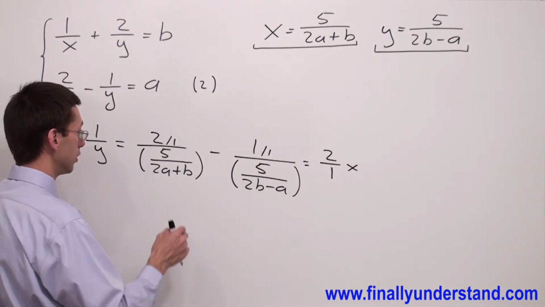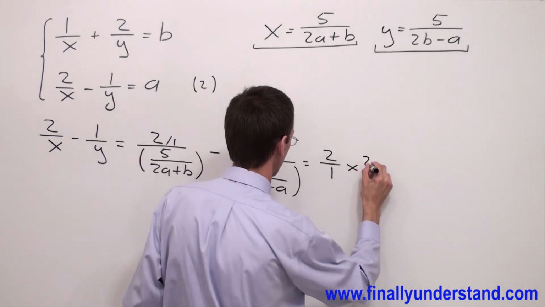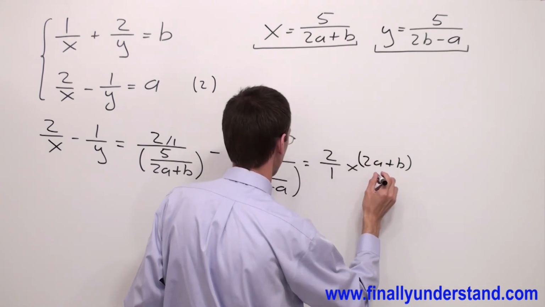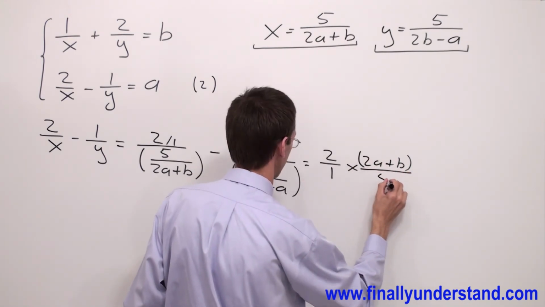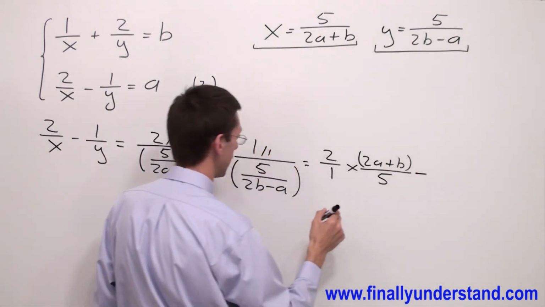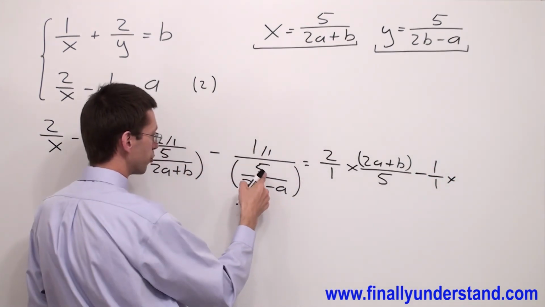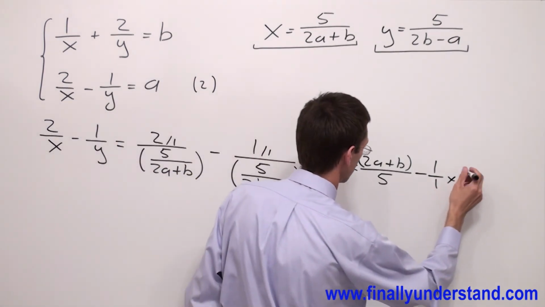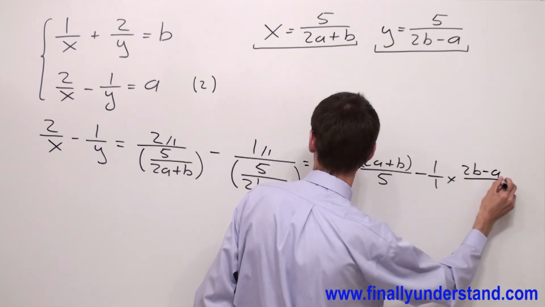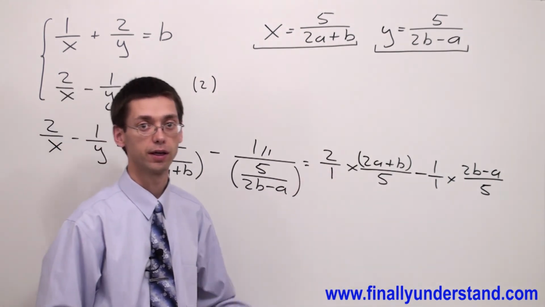And we have to multiply the first fraction by the reciprocal of the second one. That's why I'm going to write over here 2a plus b over 5 minus 1 over 1 times the reciprocal of the denominator. So I have 2b minus a over 5.